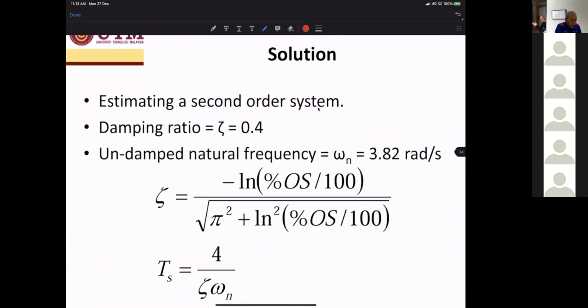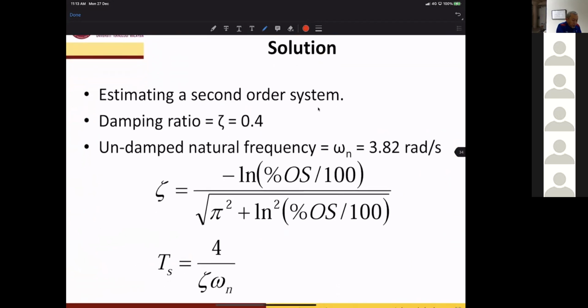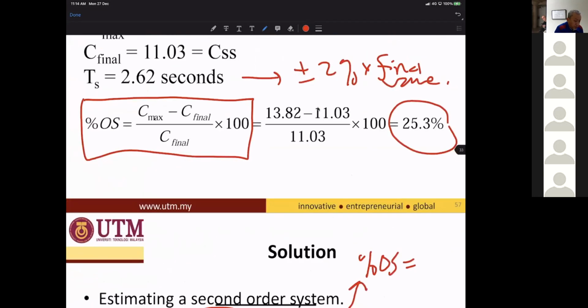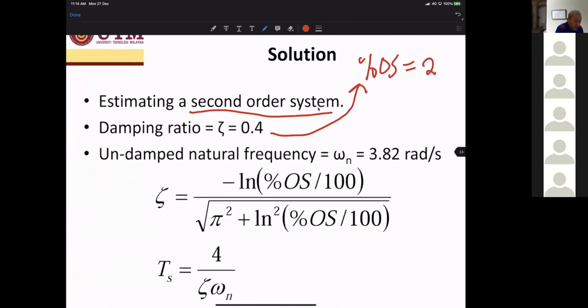We estimate this as a second order system because the shape is second order, under the category of underdamped response. The zeta is 0.4, from the overshoot of 25.3%.